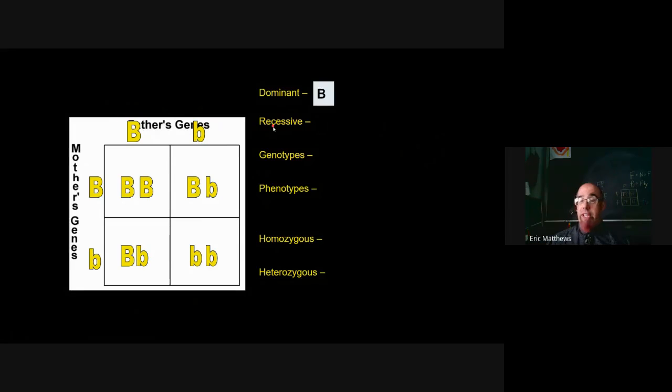Our recessive allele, therefore, must be little b. Recessives are always the lowercase because they tend to be overshadowed if a big dominant allele is present.